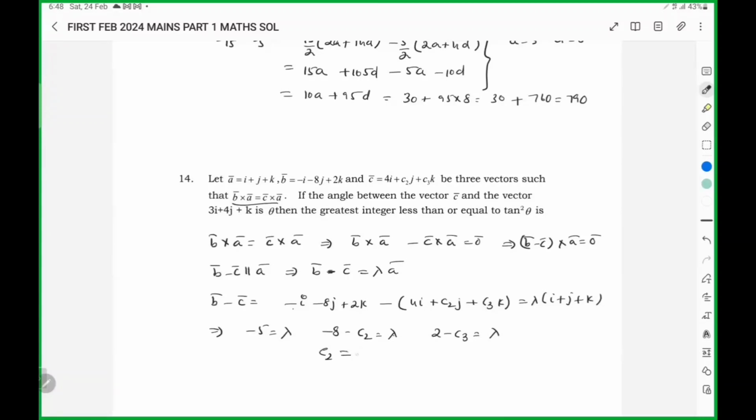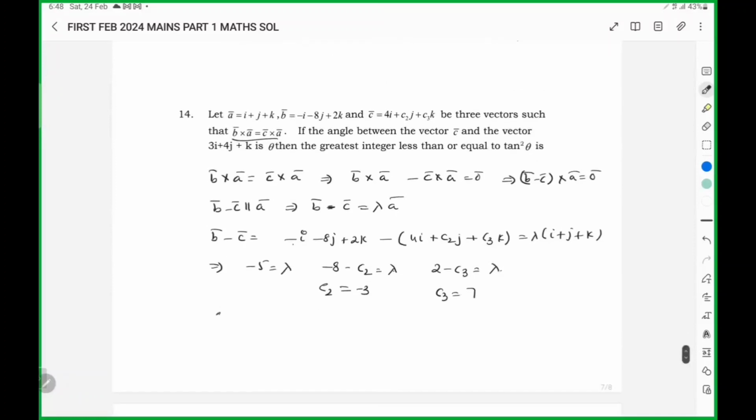So C2 becomes minus 3. Lambda is minus 5. Now C bar becomes 4I minus 3J plus 7K.